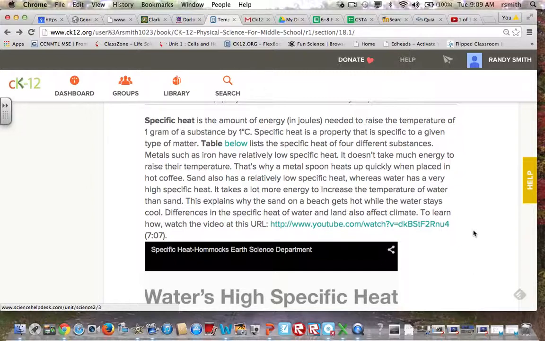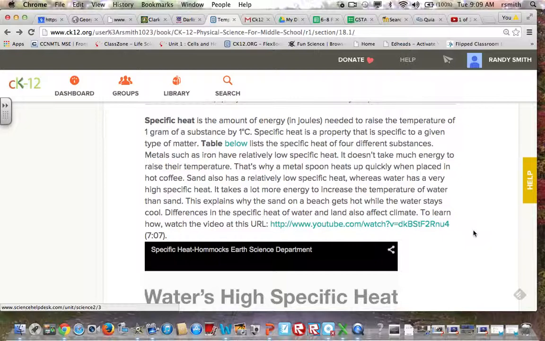That's why a metal spoon heats up quickly when placed in hot coffee. Sand also has a relatively low specific heat, whereas water has a very high specific heat. It takes a lot more energy to increase the temperature of water than sand. This explains why the sand on the beach gets hot while the water stays cool.